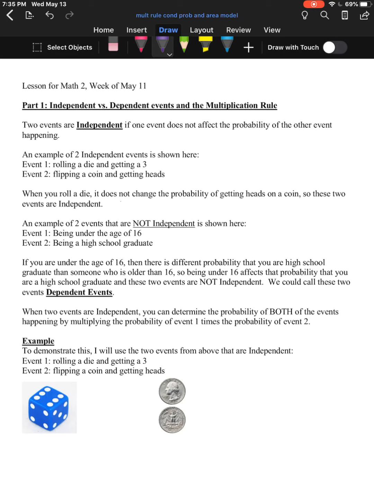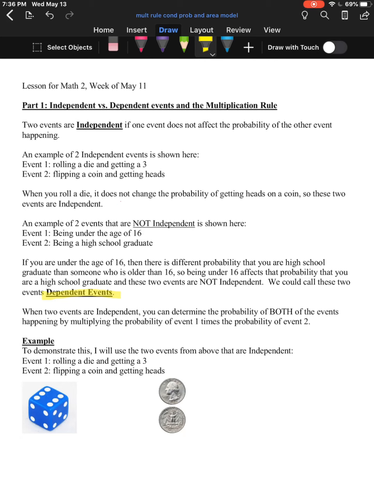An example of two events that are considered to be not independent, otherwise known as dependent, are being under the age of 16 and being a high school graduate. Graduating typically means that you're over 16, probably 17 or 18.